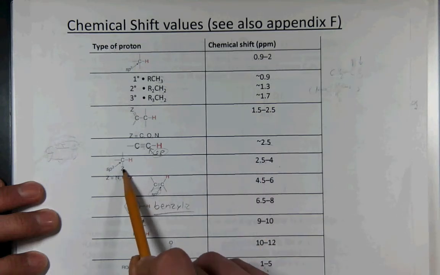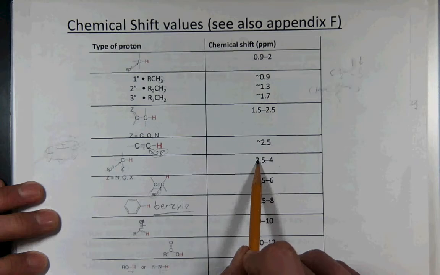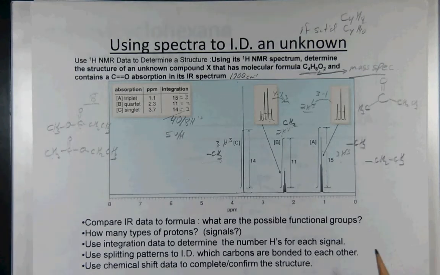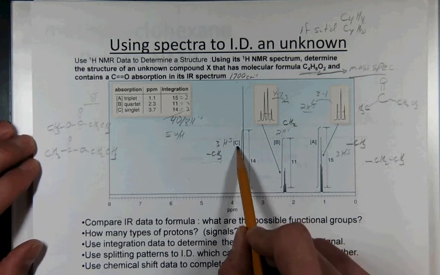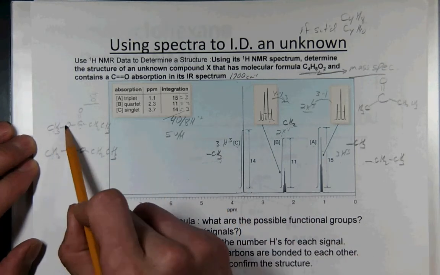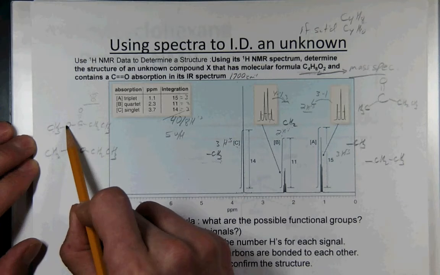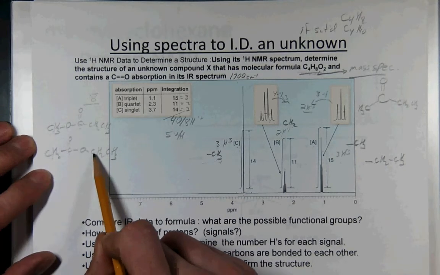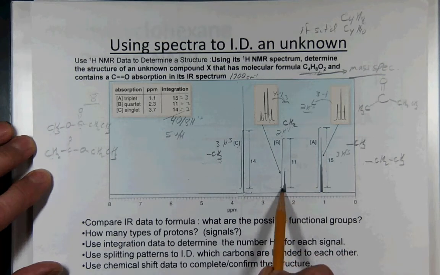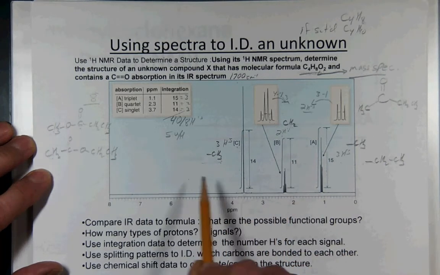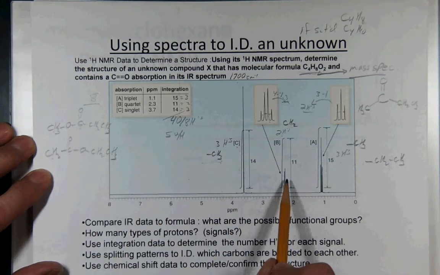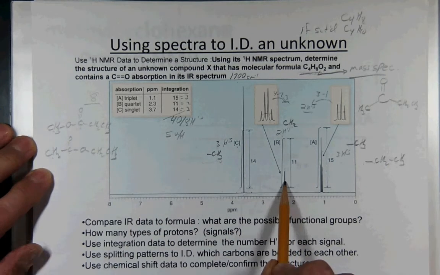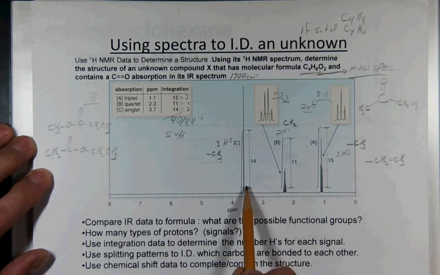So the one that's bonded directly to the oxygen is going to have a signal further downfield. That's these three hydrogens here. They're bonded directly to an oxygen, so they're further downfield. If it was this CH2 here, this signal B would be downfield more. So this one is bonded to the carbonyl, shifting it downfield in the 1.5 to 2.5 range.